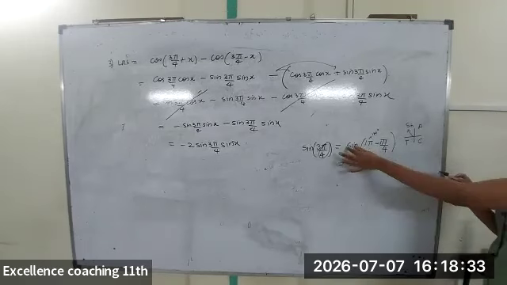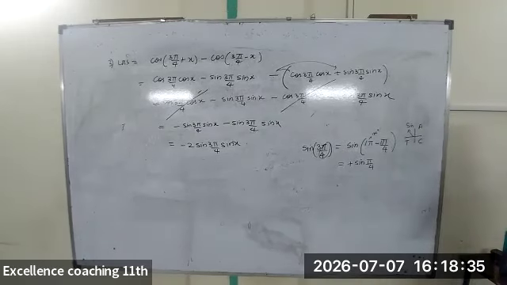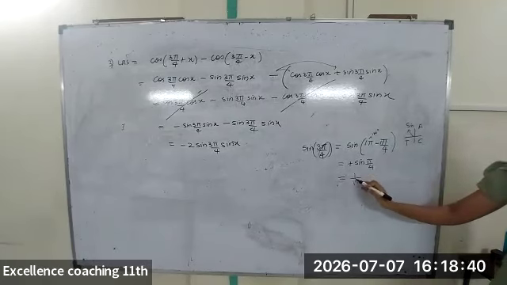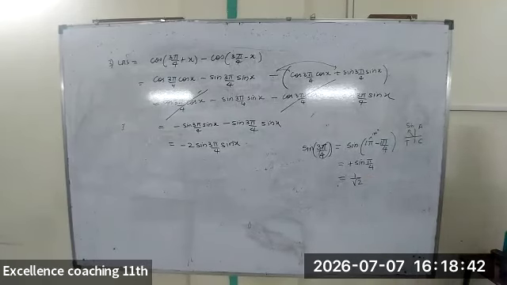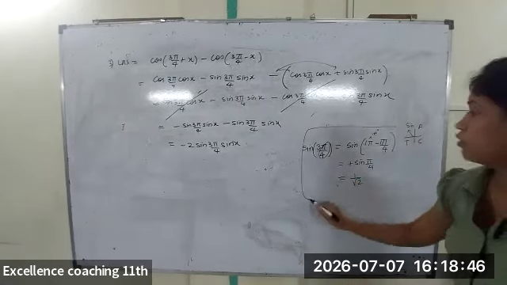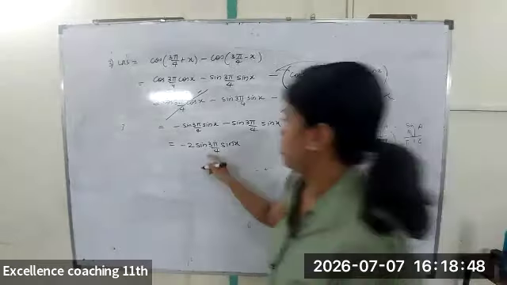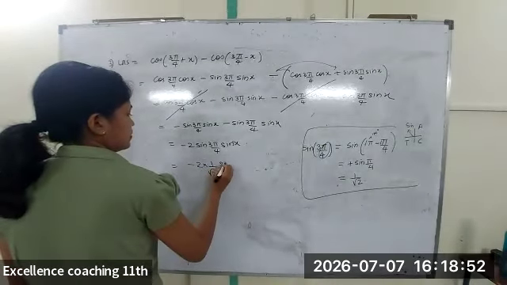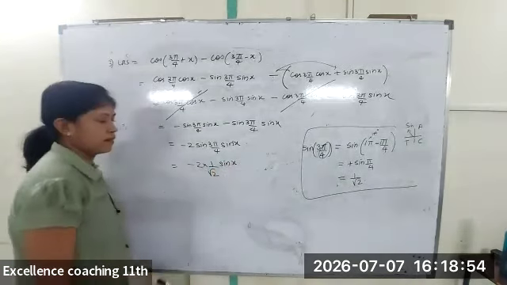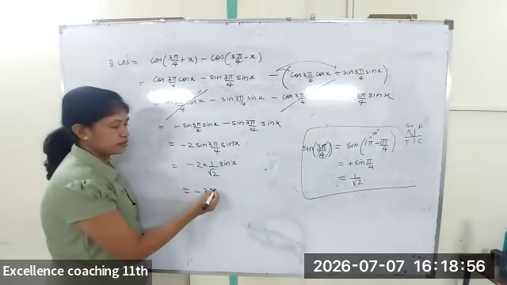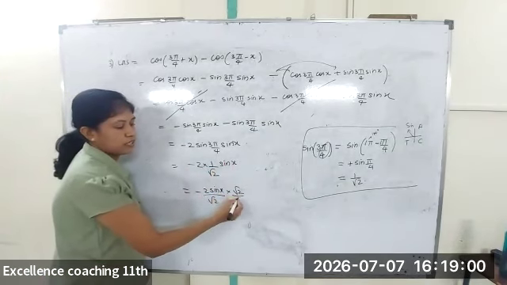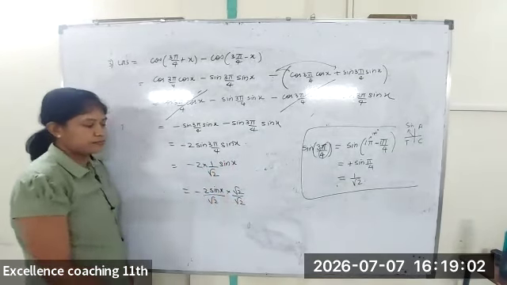You just have to write sine of pi by 4, which is 1 by root 2. So put the value back. This is your rough work. Put the value over here. Again, same way as the last problem, rationalize this and you'll get the answer.